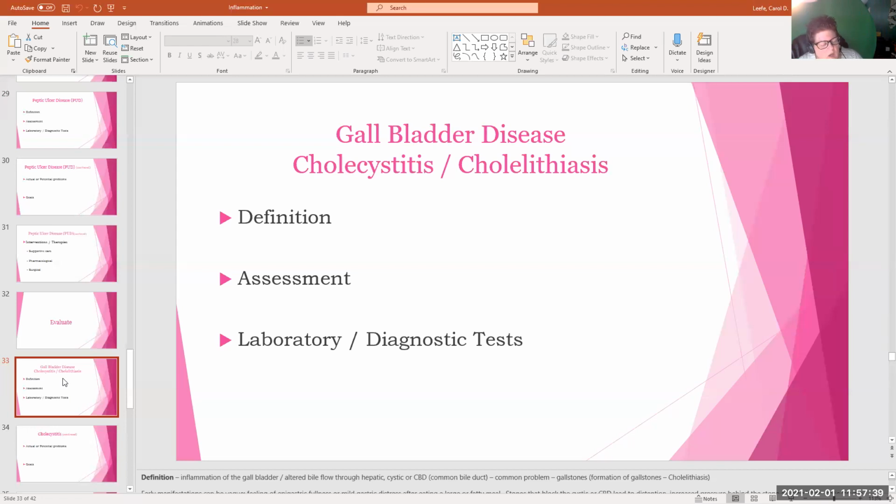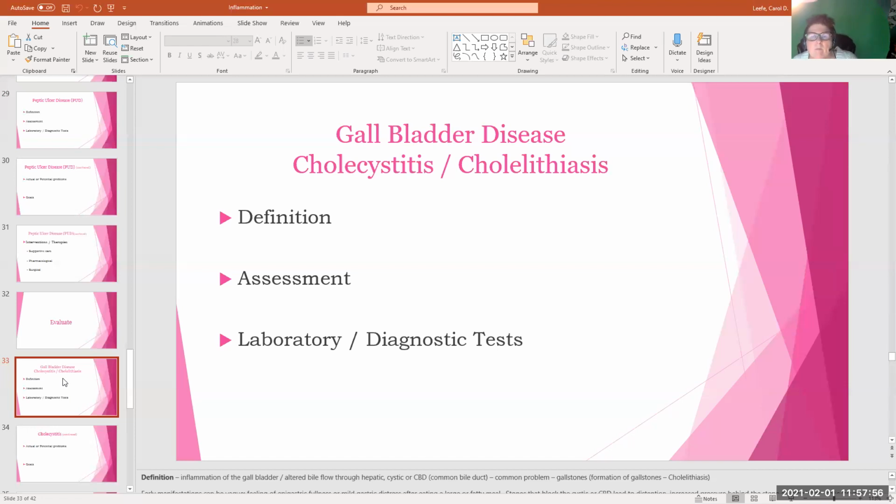So again, clay colored stools, not Mississippi red clay color, but gray colored, is an indicative sign that they need to go to surgery right then.